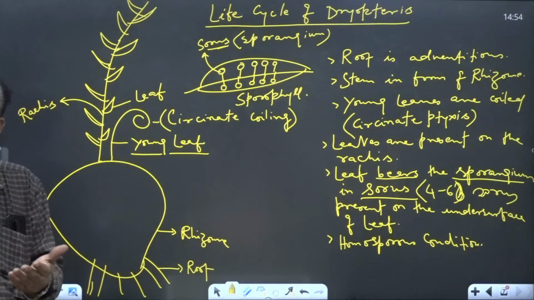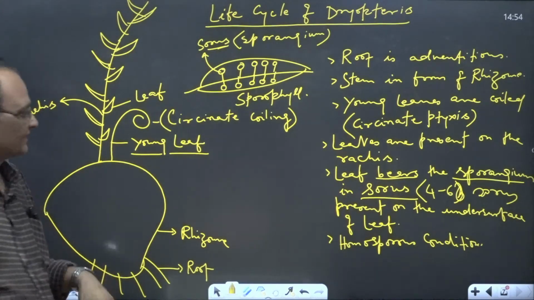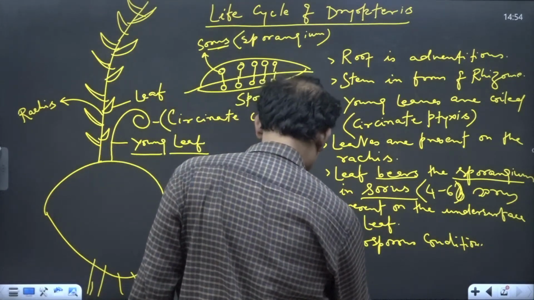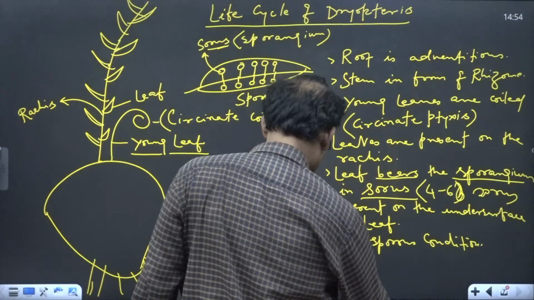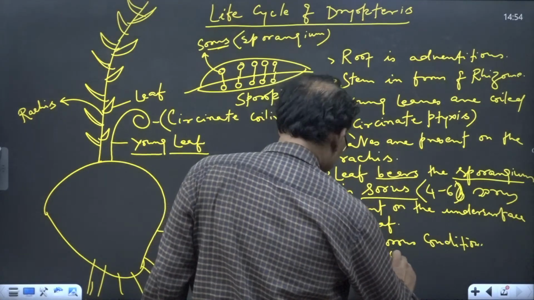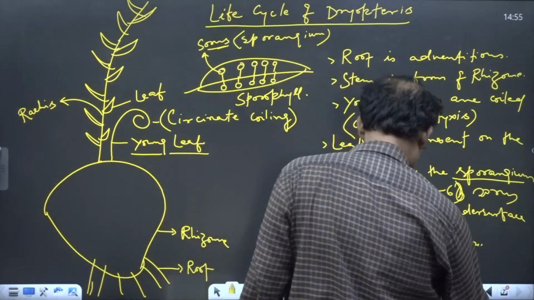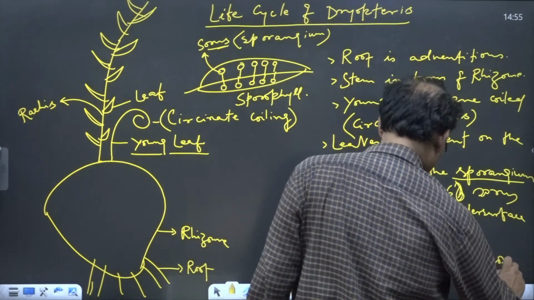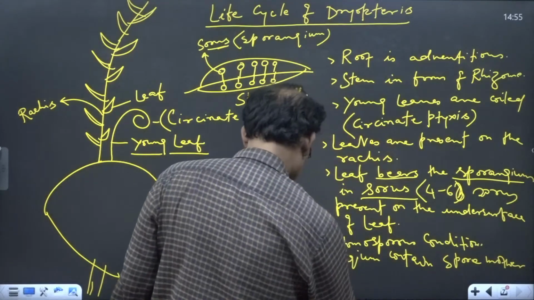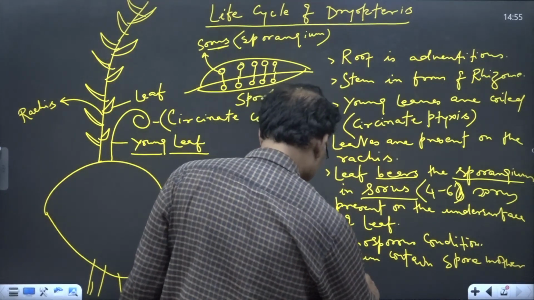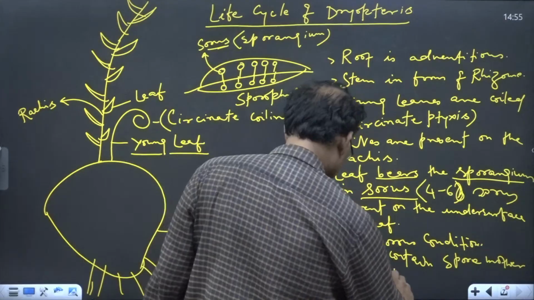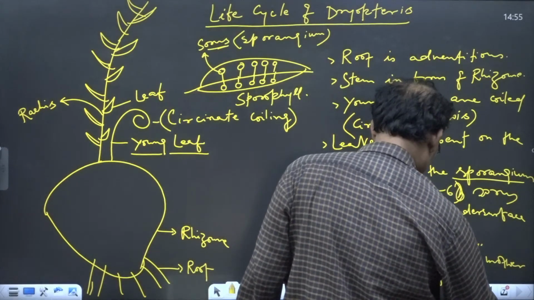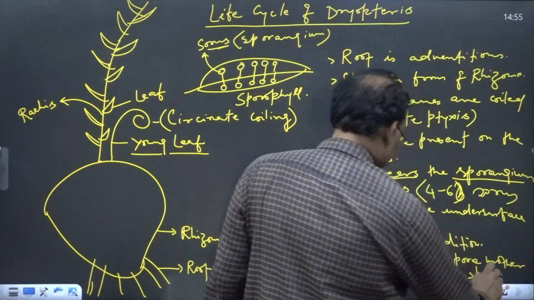And they divide to form spores. So here you can write that sporangium contains spore mother cell, which divides to form spore, right?